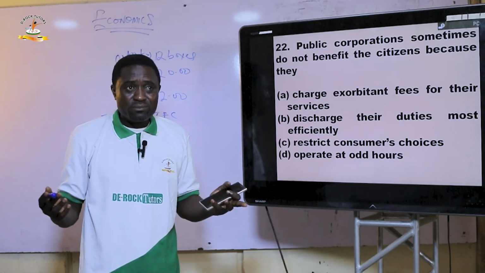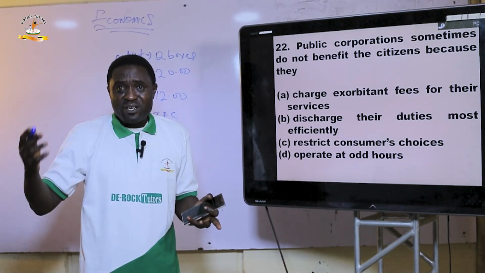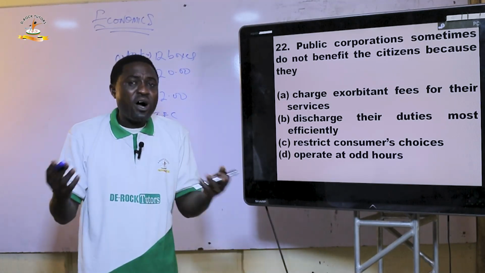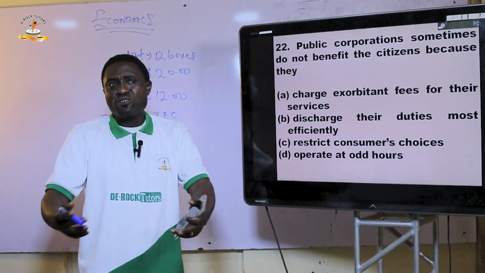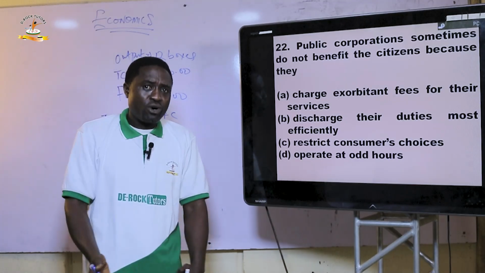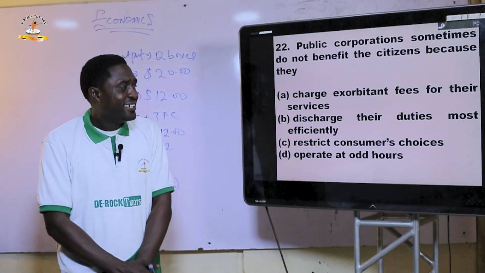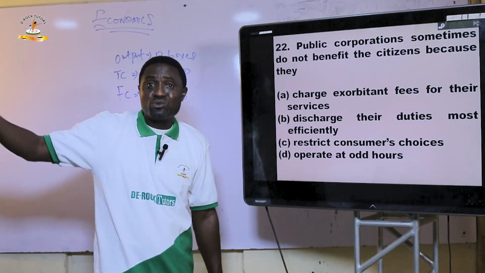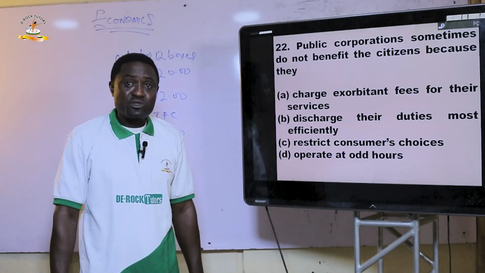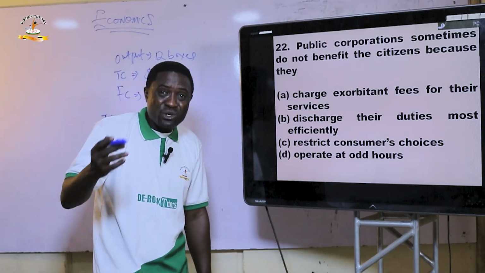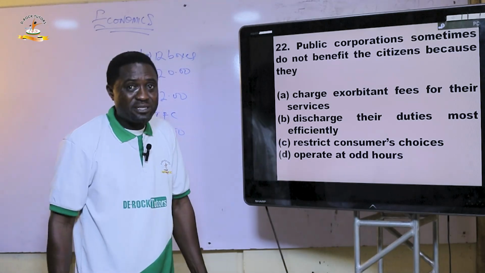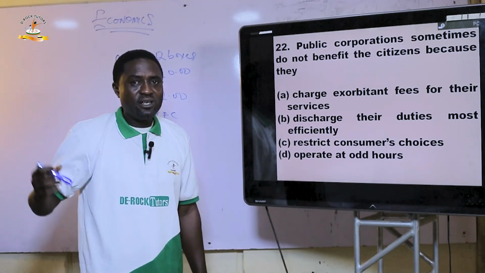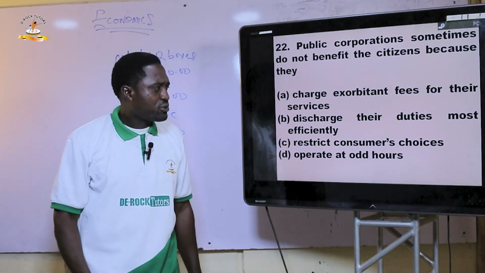If public corporations are doing well, they are supposed to give us light 24 hours, especially in this part of the country. We don't have a choice, so we have to subscribe to their services even though we are not enjoying what we are paying for. So restrict consumers' choice. If we had a choice, honestly, we would not subscribe to that.